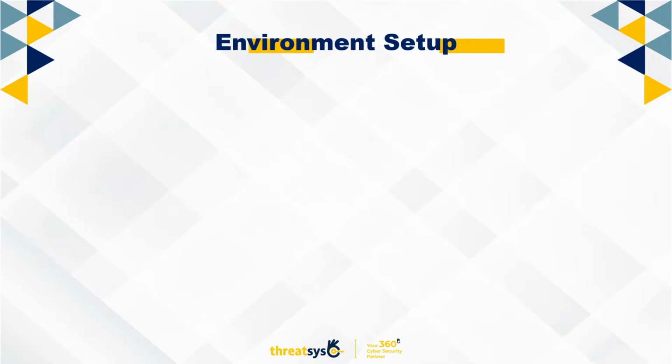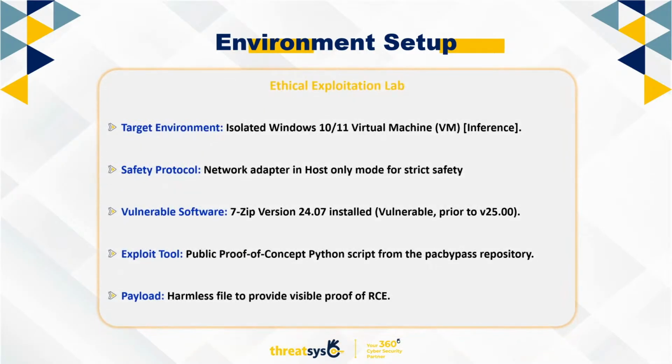To demonstrate this CVE, I have done a setup on my laptop. I have an isolated Windows 11 running in a virtual machine. For safety, I have changed my network adapter to host-only mode so that my other machines and other network hosts are protected.